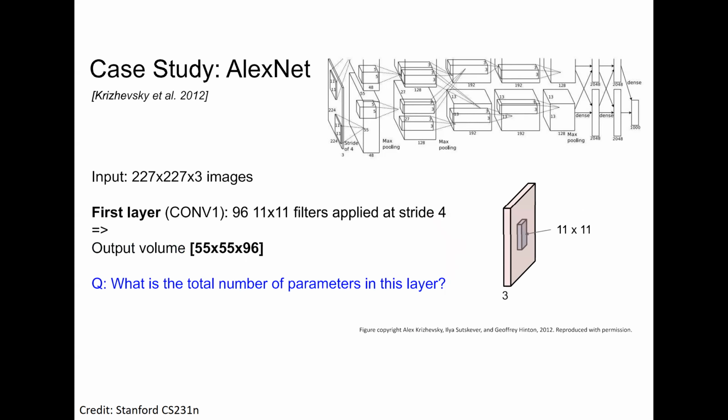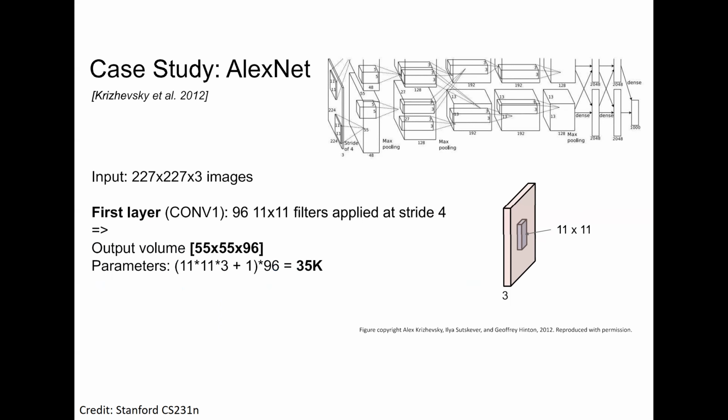And what is the total number of parameters in this layer? Also stop the video and think about it on your own, and let's check the answer together. All right, what is the total number of parameters in this layer?